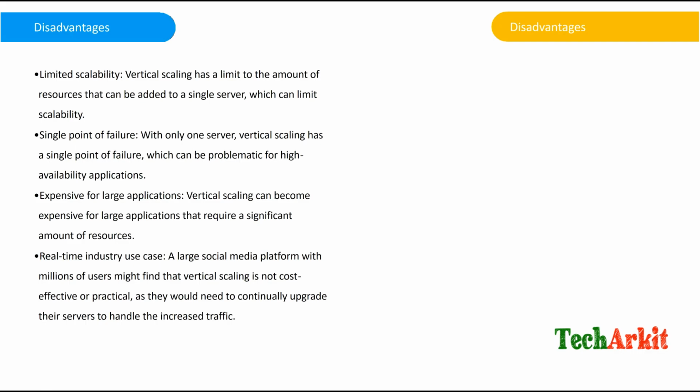If you take a real-time industry case, a large social media platform with millions of users might find that vertical scaling is not cost effective or practical, because if a million users are accessing the website, a single server cannot serve that much traffic or bandwidth to provide access to the social media platform, as they would need to continually upgrade the servers to handle the increased traffic.